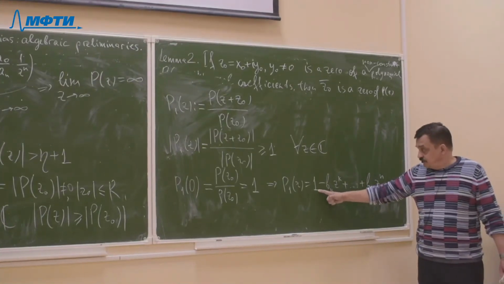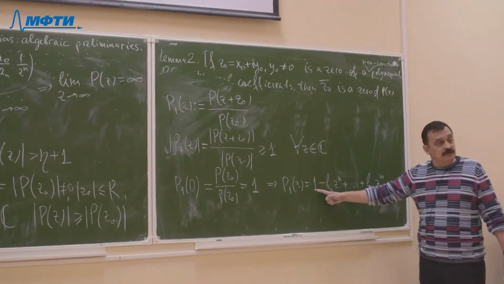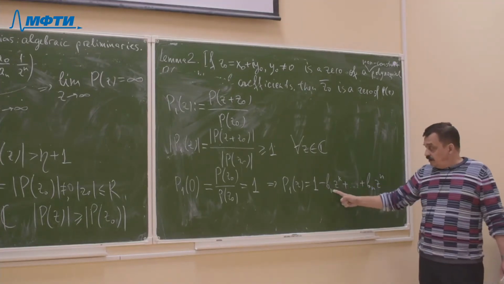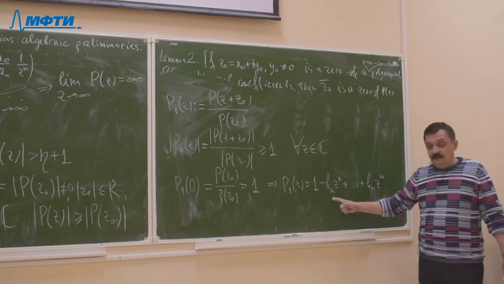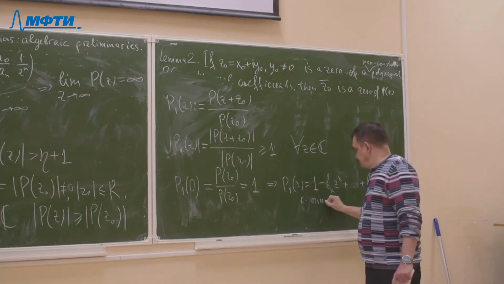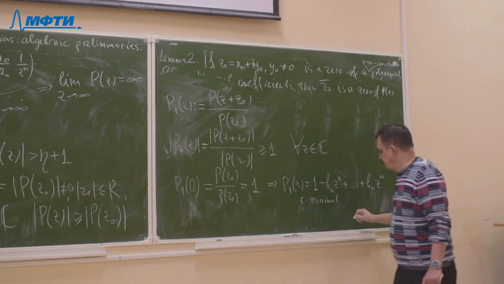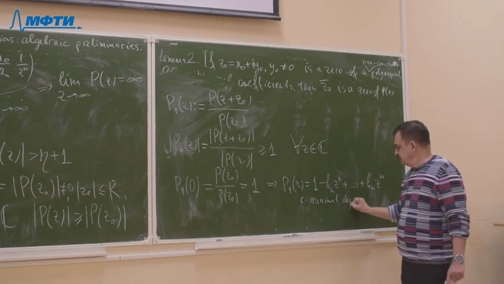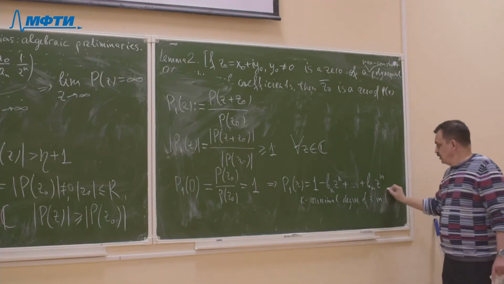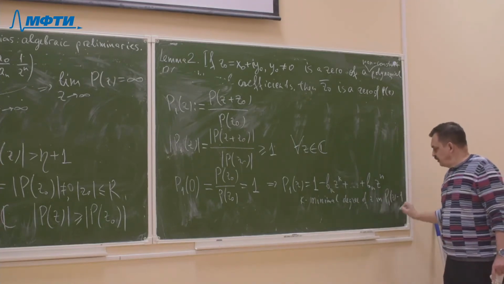And look, I should start from 1, right? Because at 0 it should be 0. And what is k? k is the minimal integer, the minimal degree of z in P1 of z minus 1.